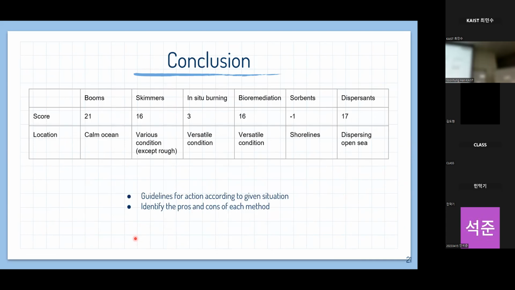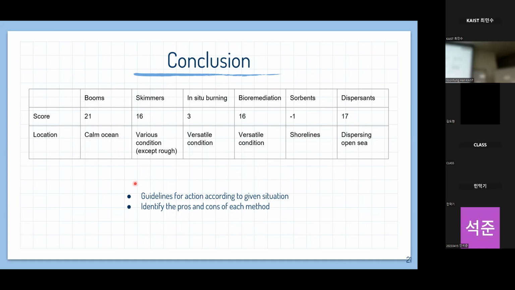This is our conclusion. The scores were 21 points for boom, 60 points for skimmers, 3 points for in situ burning, 60 points for bioremediation, -1 point for sorbents, and 70 points for dispersant. In addition, we briefly wrote down the location where each technology can be appropriately applied.